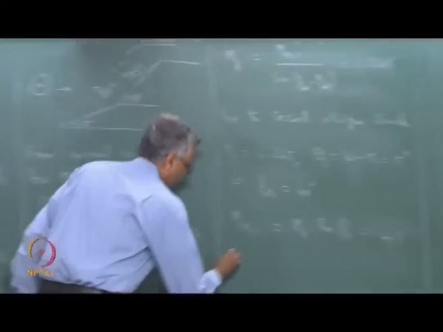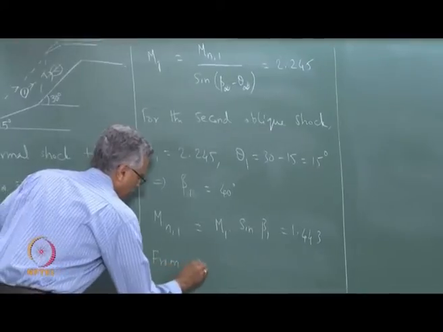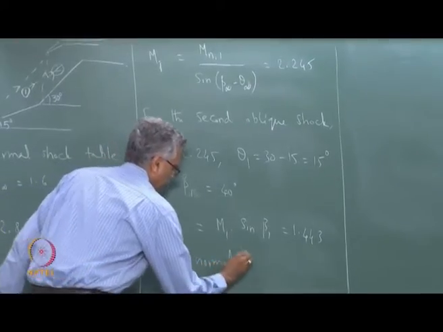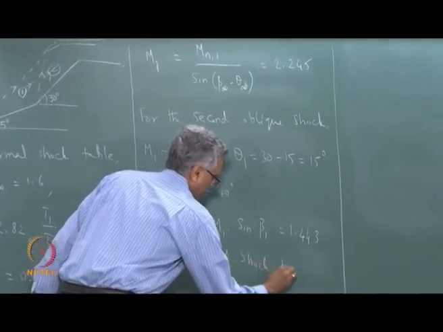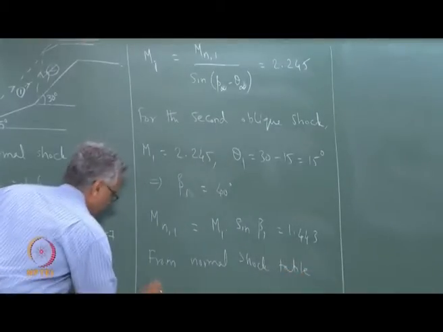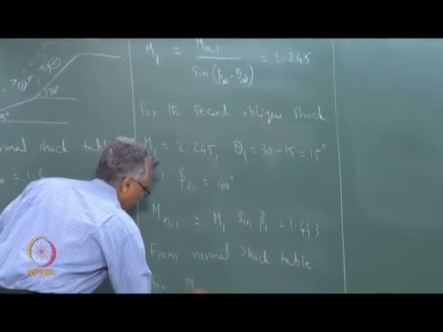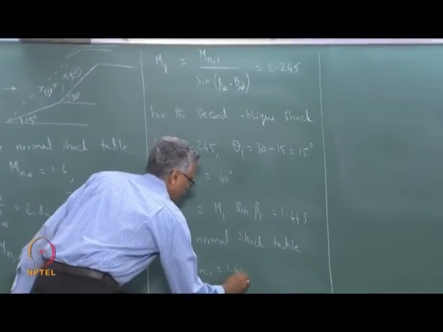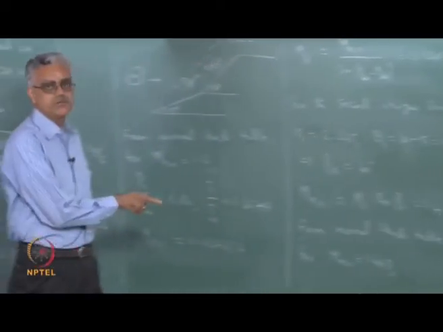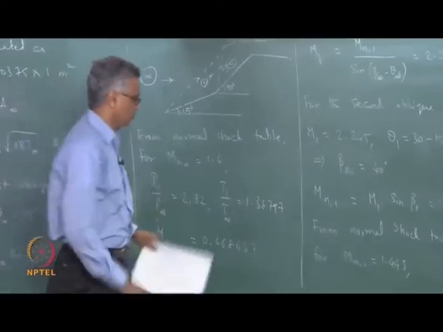So now from the normal shock table, for Mn1 equal to 1.443, this becomes M1 when I go into the normal shock table.